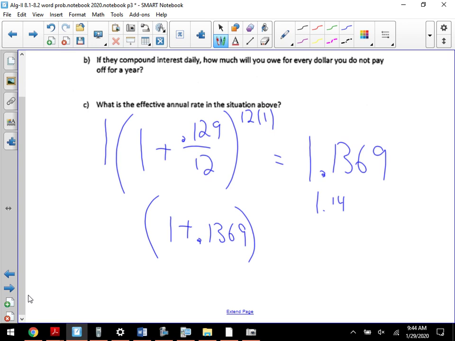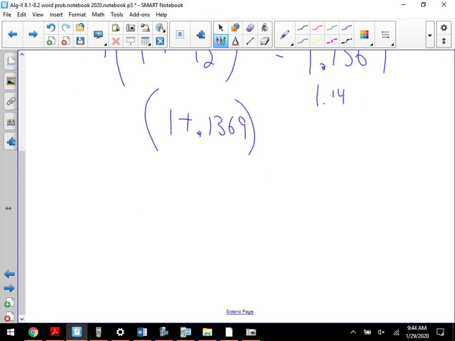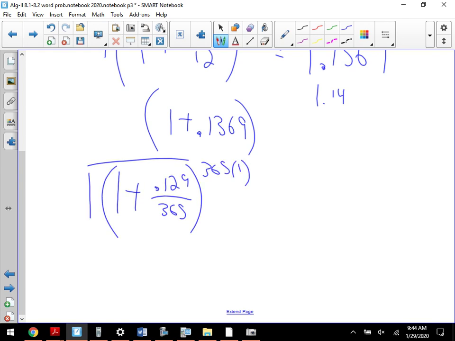I just wanted to see how you were setting this one up, because now in part B, when you do that, you've got your 1 plus 0.129 over 365, to the 365, and there's a 1 here. Here, I got approximately 1.13766. So that means my percentage rate is 13.77.